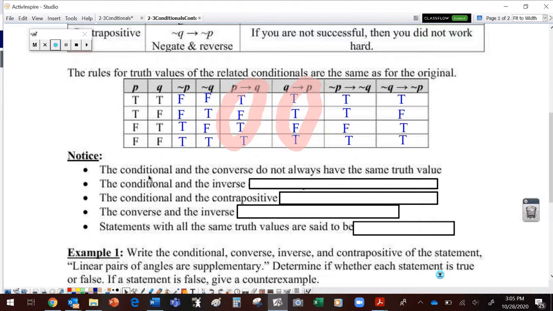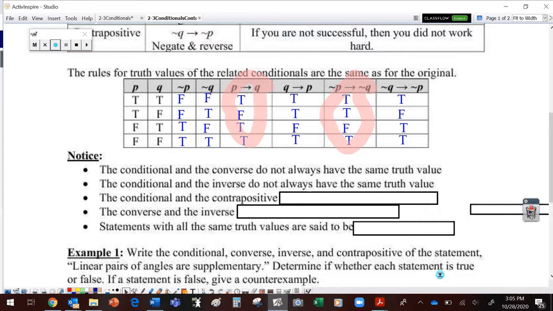Okay, but the conditional and the inverse. Okay, let's look at those two. So we have the conditional here, and we have the inverse is this guy. Okay, well, these truth values also don't match up. They do not always have the same truth value. Some of them are true or match up, but not all of them.